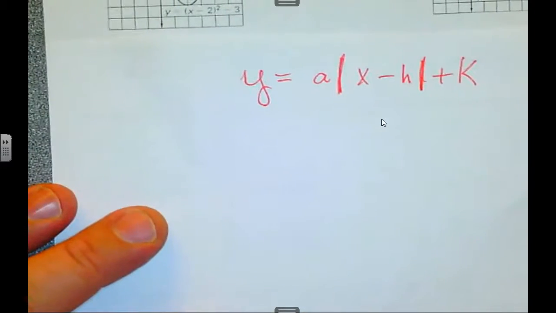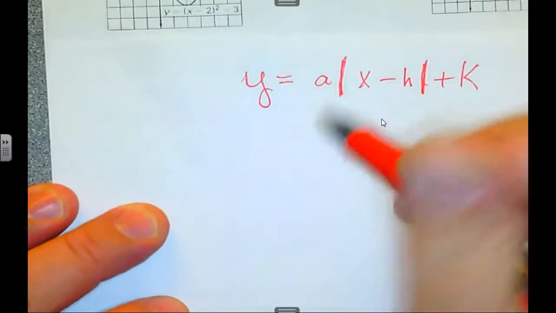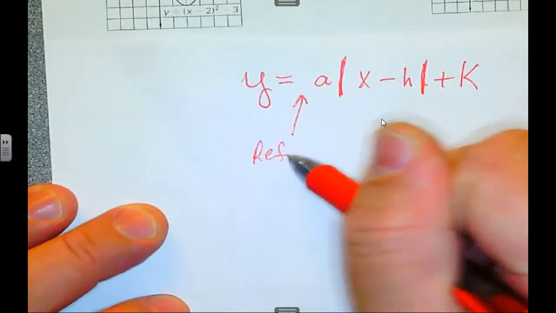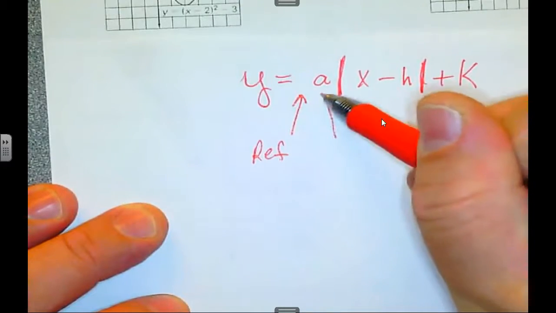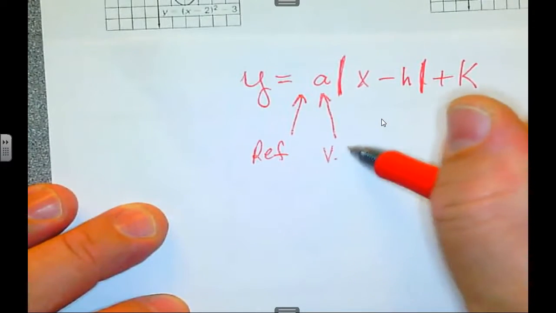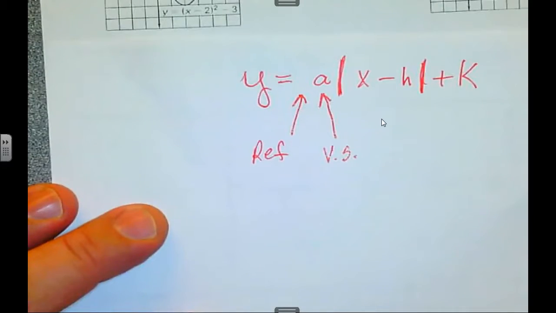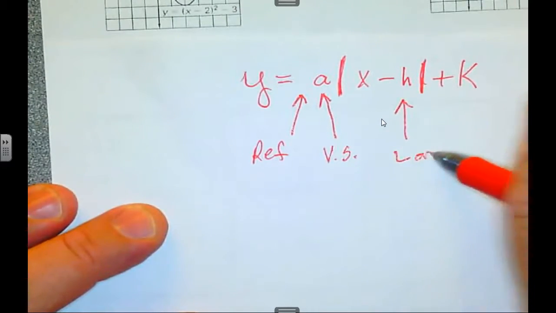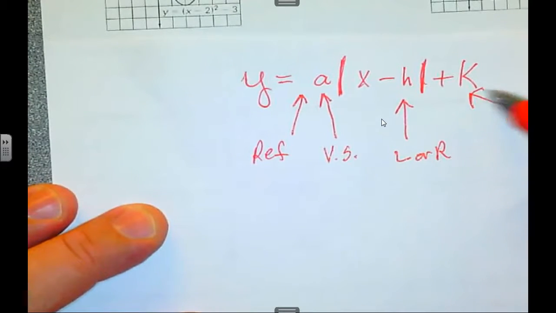We have transformations, right? We could have a reflection if there was a negative sign there. We could have a vertical stretch or vertical compress. We could move it left or right. Or we could move it up or down.